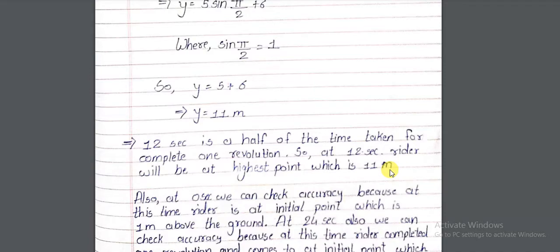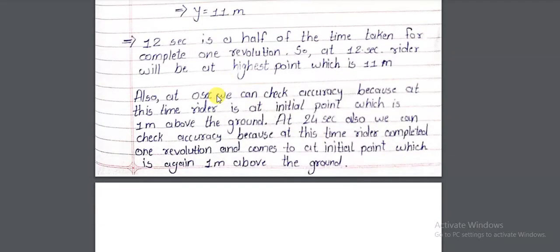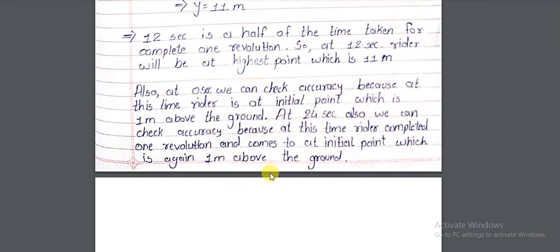So we can check accuracy by this. Also at 0 seconds we can check accuracy, because at this time the rider is at the initial point, which is 1 meter above the ground. And also at 24 seconds, because at this point the rider has completed one revolution and comes back to the initial point, which is again 1 meter above the ground.